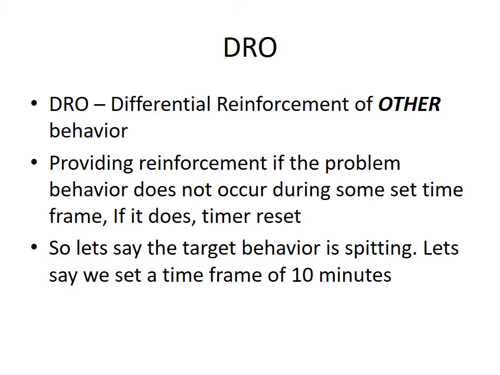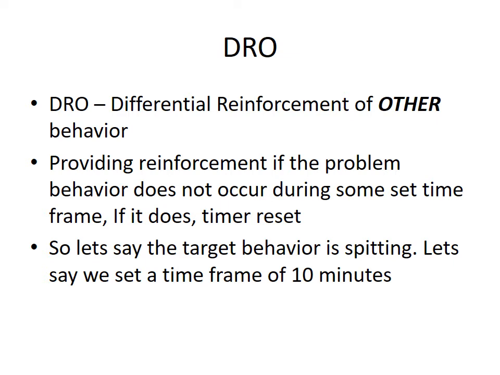Well, that's another behavior, so you'd have to reinforce them, and we don't want to reinforce the bad behavior, so it does involve a time frame. Basically, it means if it doesn't occur during whatever the time frame is, we're going to reinforce. So again, differential reinforcement of other behavior is not just reinforcing other behavior, it involves a time frame.